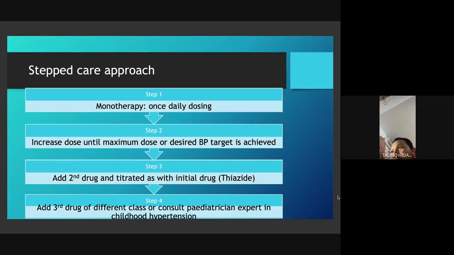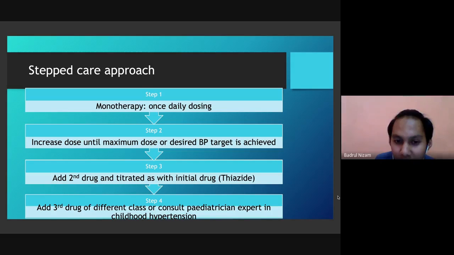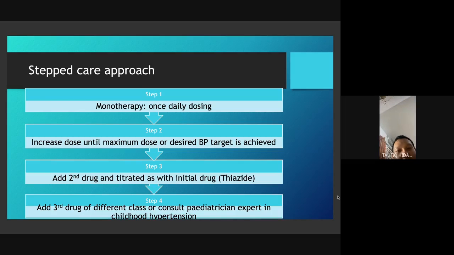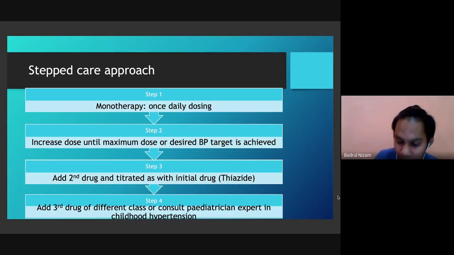Not sure. Usually I use the 99 plus 5. Where is the reference for the 95 plus 12? UpToDate. UpToDate has one that is maybe more or less the same. Okay, that's it. Thank you.